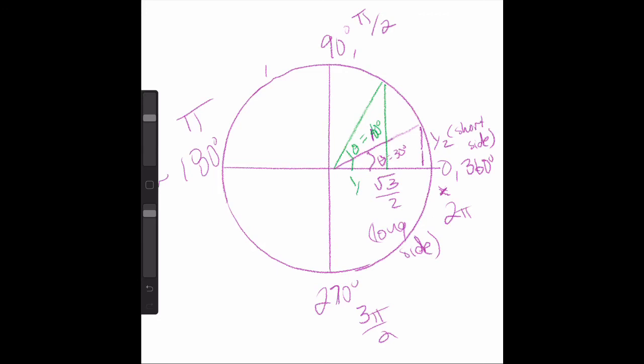So this will be 1/2, and this will be root 3 over 2, and of course a radius of 1. Knowing these special triangles in the first quadrant is important for understanding once we move the angle outside of the first quadrant. So for a 30 and a 60, remember short side 1/2, long side root 3 over 2, and notice it's flipped between the 30 and the 60 degrees.